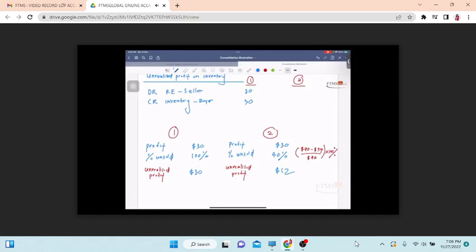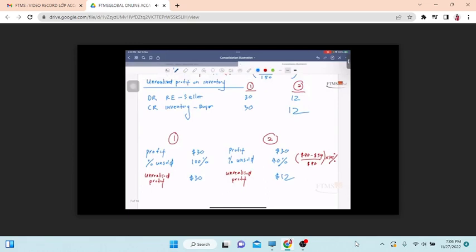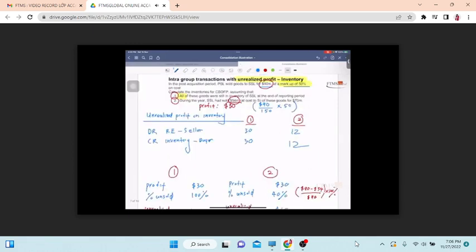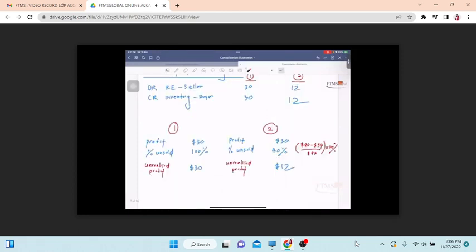So for scenario number 2, the unrealized profit will be 12. Okay, so this question, as I say, the purpose is to show you how to get the numbers for calculating unrealized profit. So remember, if you want to calculate unrealized profit on inventory, always have 3 lines: profit, percentage unsold, and unrealized profit.